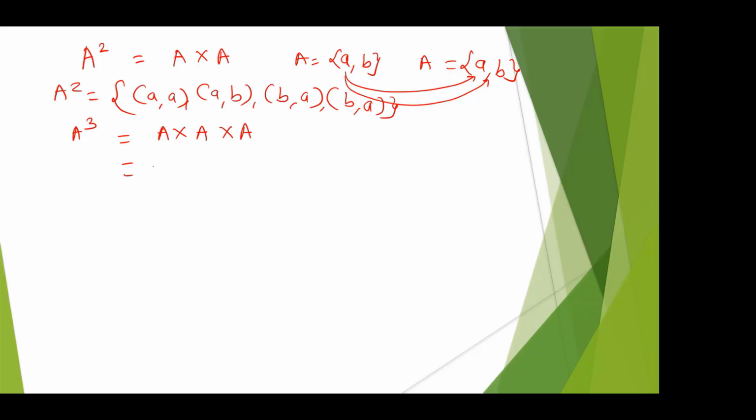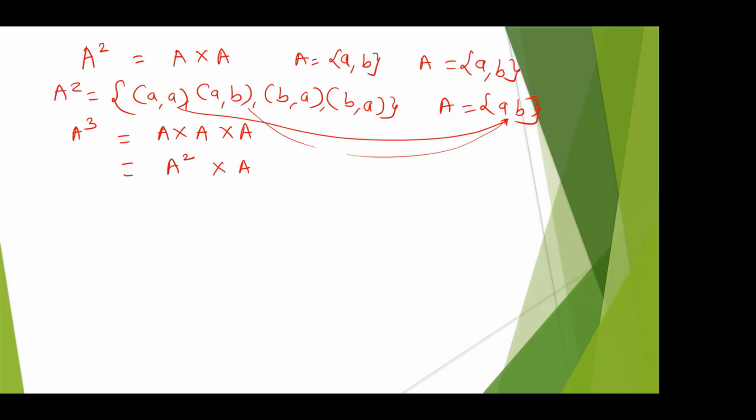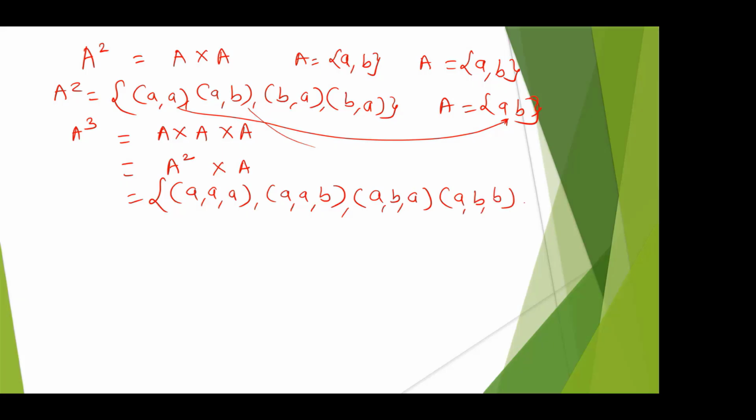Since all the elements are A, you can have it as A square Cartesian product A, where these are my elements, and then I combine those with A. So that might be AAA, AAB, ABA, ABB, and so on.